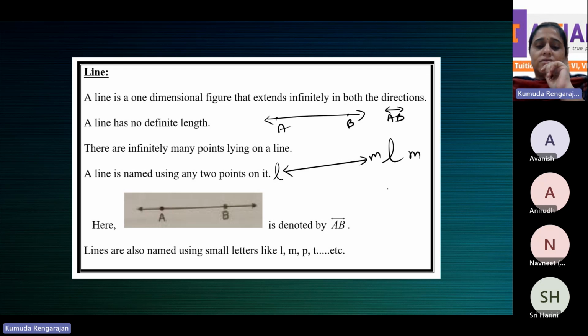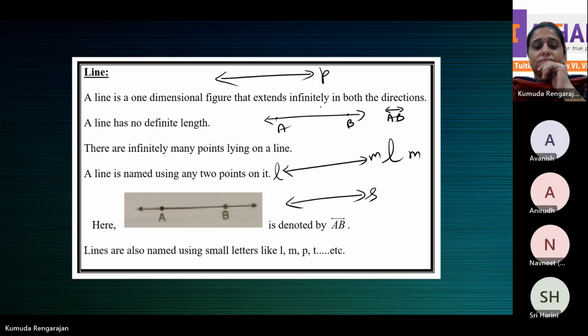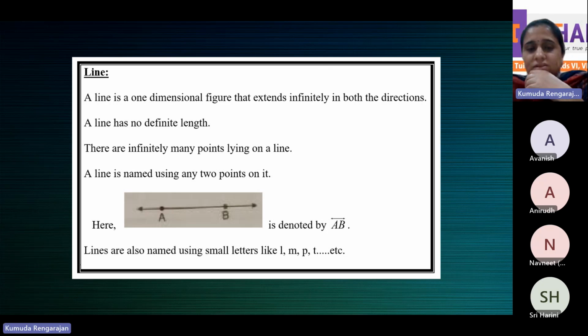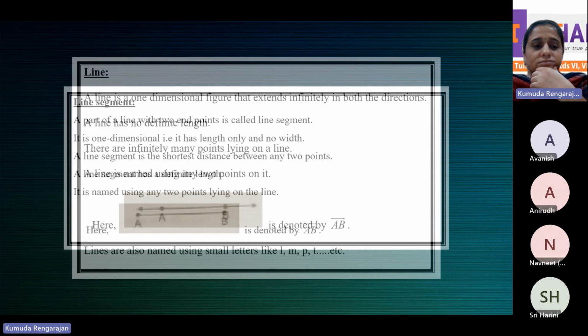Okay, so line S, line P. These are the 2 ways in which you can name lines.